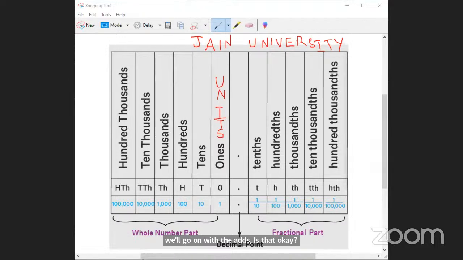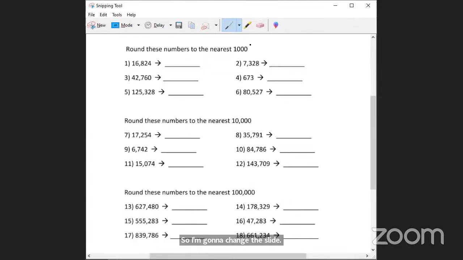The reason is you have a chapter called approximation, or you might have the word approximation, to find the values of approximation. So I'm giving you only up to 1 lakh or 100,000 to find it. Once you've done, I'll take you to the next. So I'm going to change the slide. Round off to the nearest thousands, round off to the nearest 10,000s and 1 lakh.